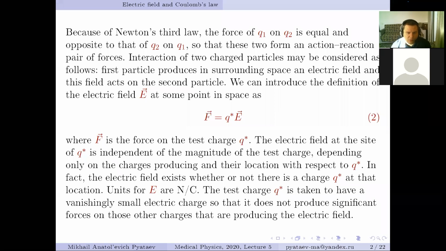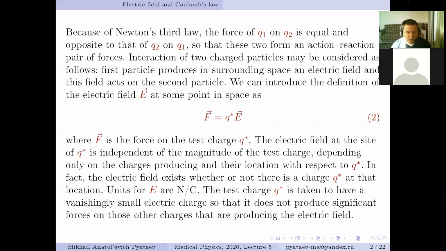So Coulomb's law was the law of interaction between two particles, and it does not require the introduction of a new type of material, which is called field, but it becomes simpler for application if we introduce a new physical quantity.